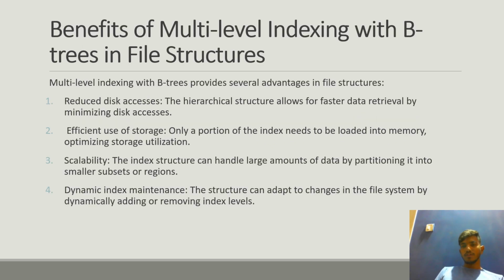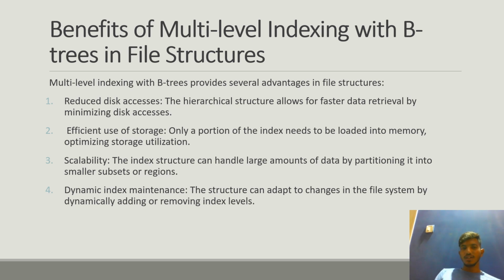Benefits of multi-level indexing with B-tree in file structure. Multi-level indexing with B-tree provides several advantages in file structure. It reduces disk access. As I told in the previous slides, because the representation of file structure or data in a B tree is hierarchical, the data can be retrieved faster.